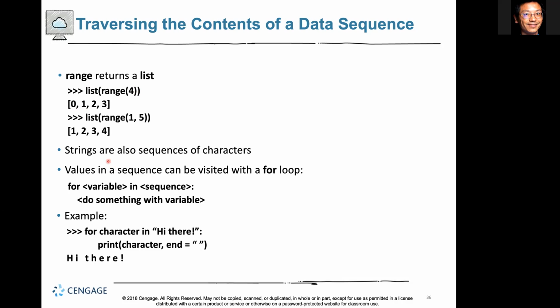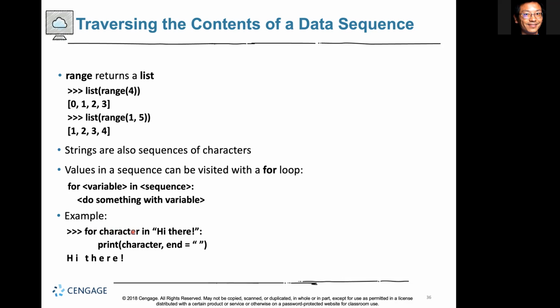So strings are also sequences of characters, and the values in the sequence can be visited with a for loop. Remember, previously we looked at how a string is a sequence also, like the result of the range function. So you can use this in operator to test existence.